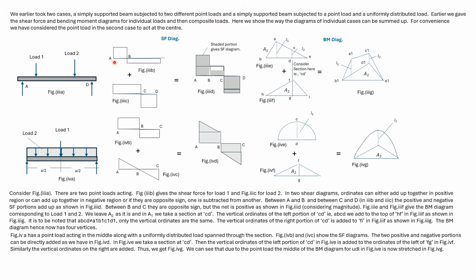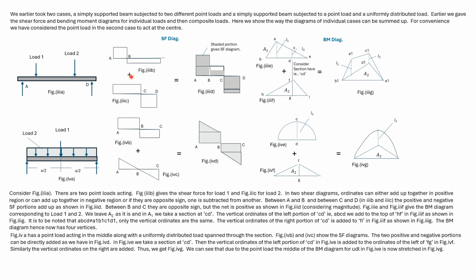This is the shear force diagram for load 1, and this is the shear force diagram for load 2. Both for shear force and bending moment diagrams, we can follow a simple rule. When the shear force is positive in both cases, then we simply add them up.